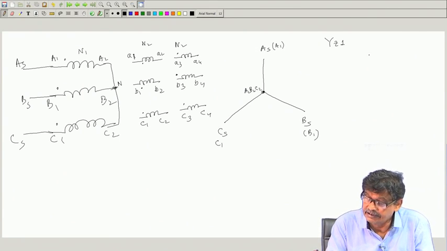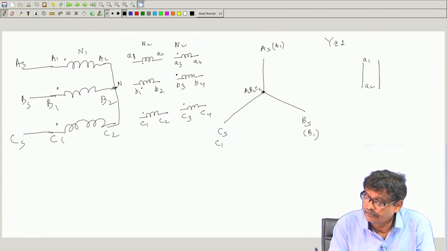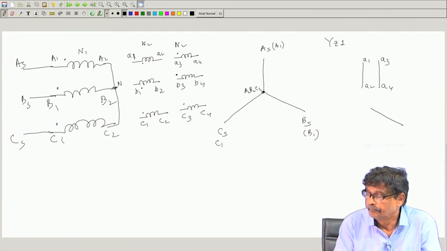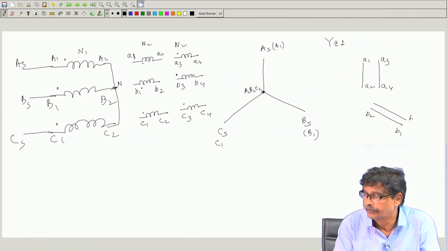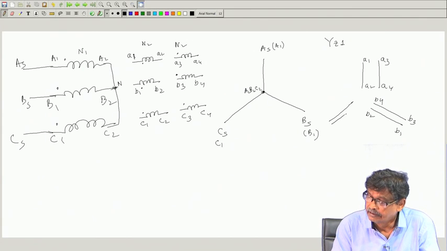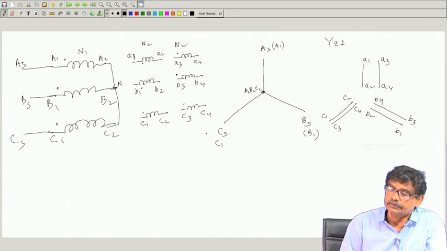Now, on the secondary, you have got these voltages A1, A2 and A3, A4. I am not explaining because we know this, and this is 120 degree apart, B1, B2 and B3, B4, and finally you are also having parallel to C phase, C1, C2 and C3, C4. In this way it is there.